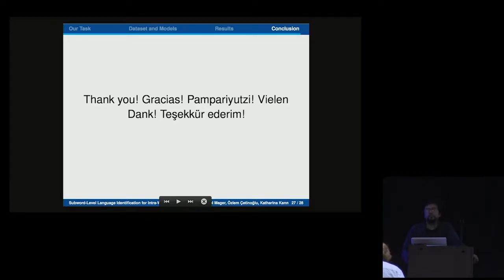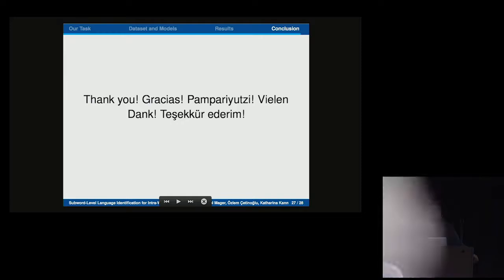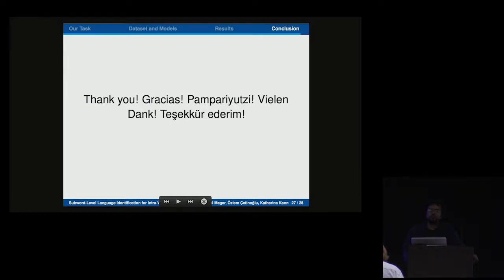And also in practical applications in speech recognition, we do tend to just put them in the lexicon. So I guess the question is, do you think that this phenomenon of intra-word code switching is something that's really specific to highly agglutinative or polysynthetic languages, or is it something that you think is more general?